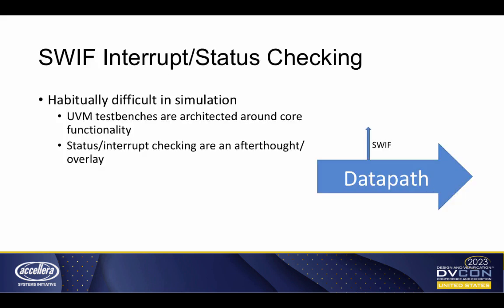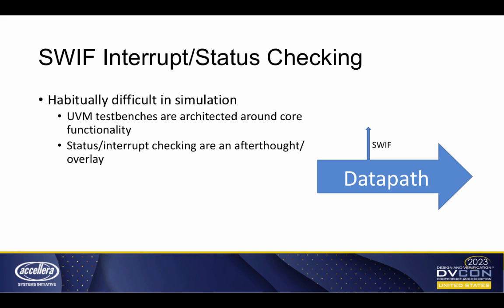Which takes us to really the introduction to the topic. And so we'll talk about checking software and status interrupts with formal property checking. And I think the reason why I've gone down this path is that as I have done this in simulation, I realized that really any kind of checking or interactions on the software interface tends to sometimes be very minimal.